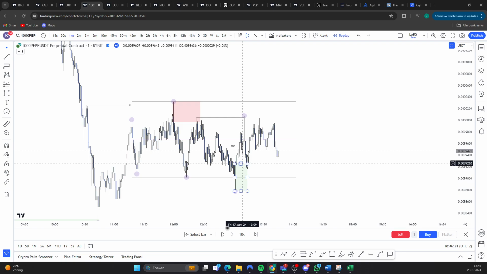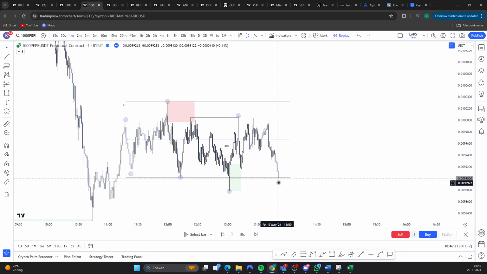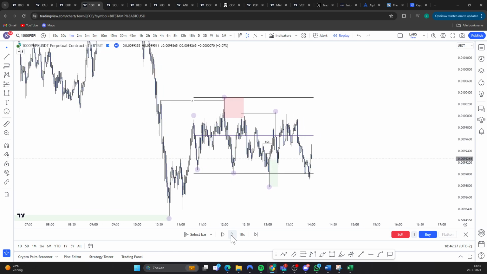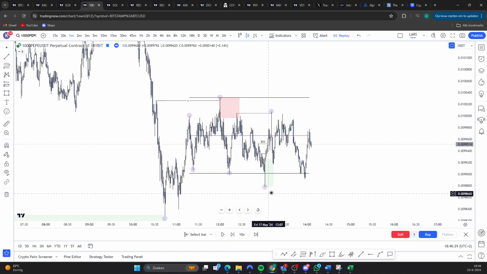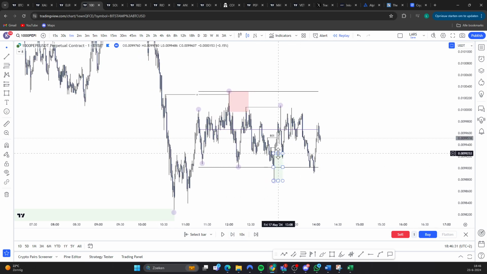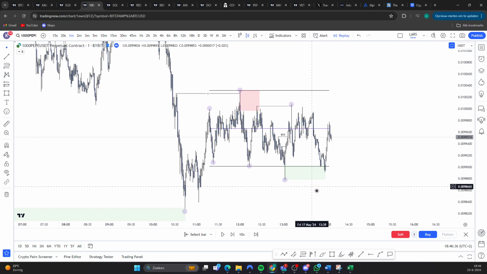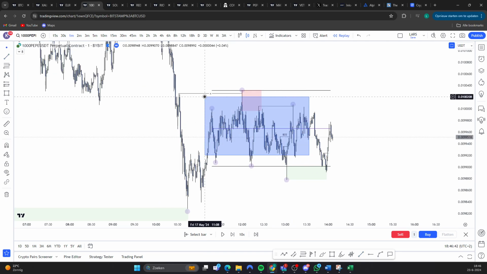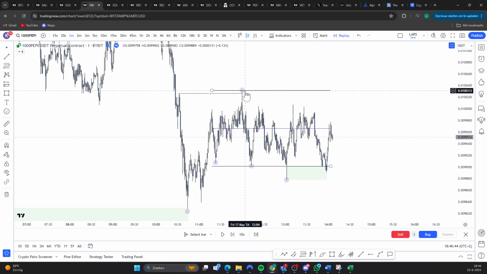What's the timing of this? 13. Where are we right now? Could this be the Model 2 that we were waiting for that I just missed? This wick demand with this break. It's really stuck.